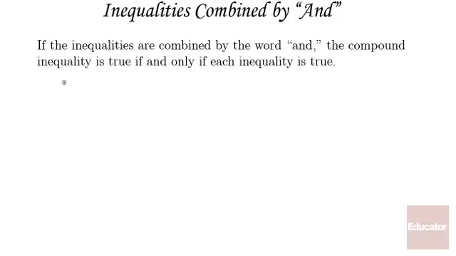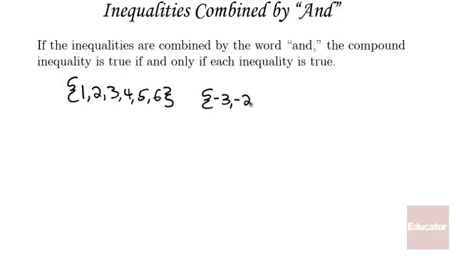Let's say that I have two solution sets. In my first solution set, I have the numbers 1, 2, 3, 4, 5, and 6. Then I have another solution set, and in this one, I have -3, -2, -1, 0, 1, 2, and 3.